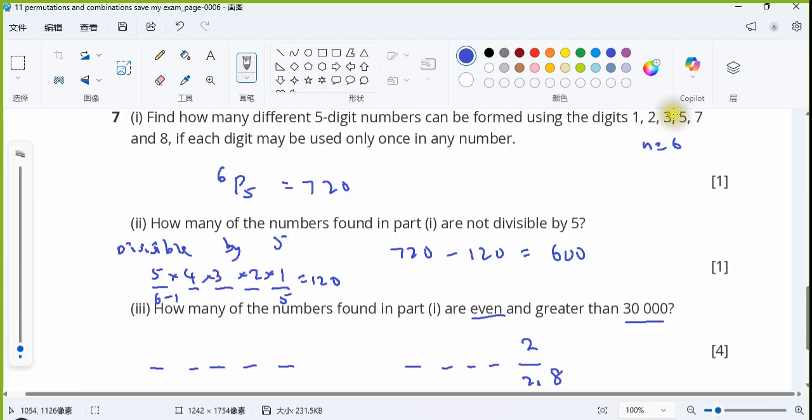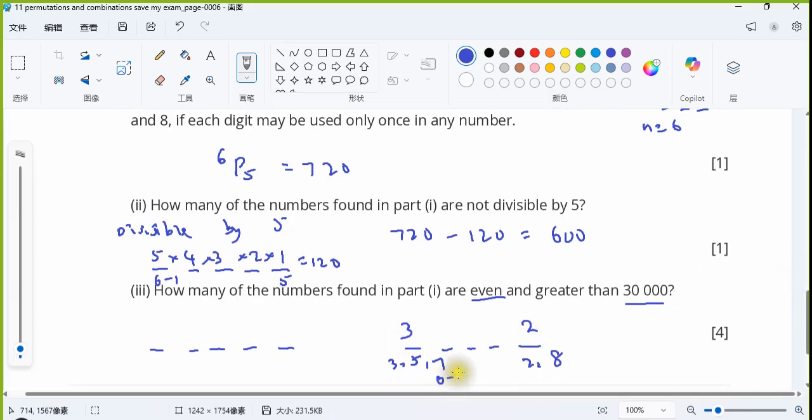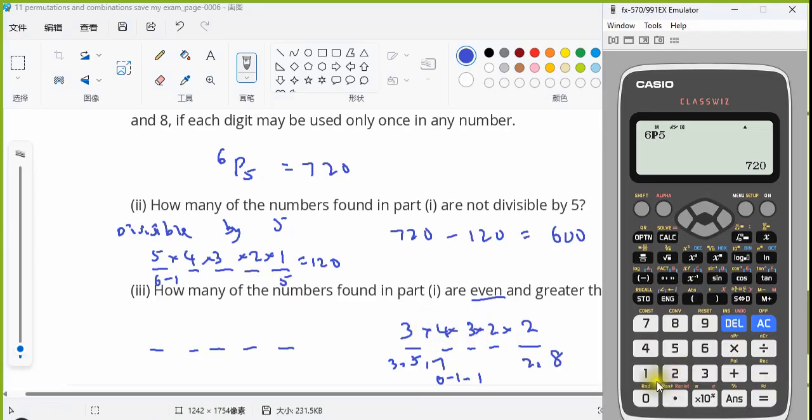So we can have the 3, 5, 7 at the start. Then out of 6, we minus 1, then it is 4, 3, 2. So we have 3 times 4 times 3 times 2 times 2.